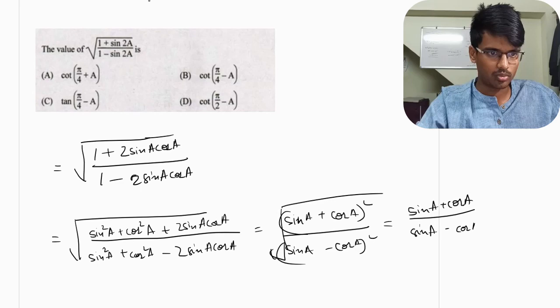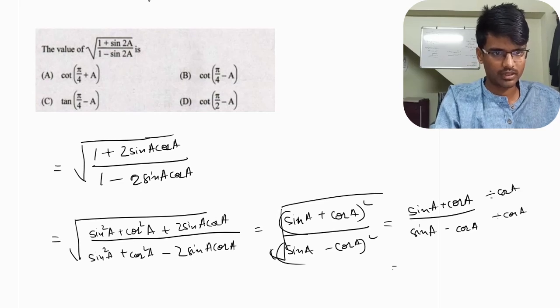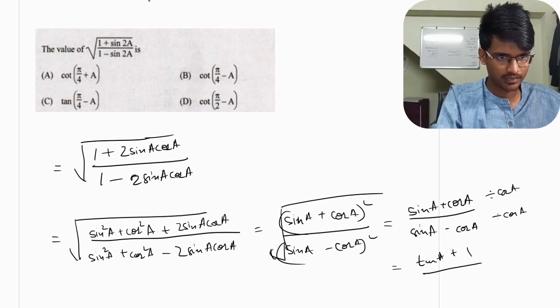Now we'll divide both numerator and denominator by cos A. We'll be left with tan A plus 1 over tan A minus 1. Now the tricky part.